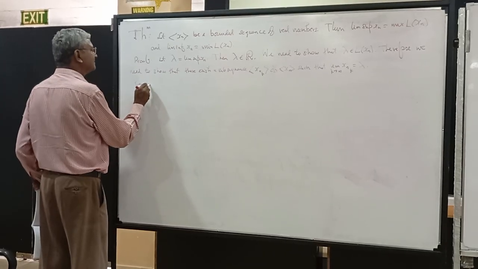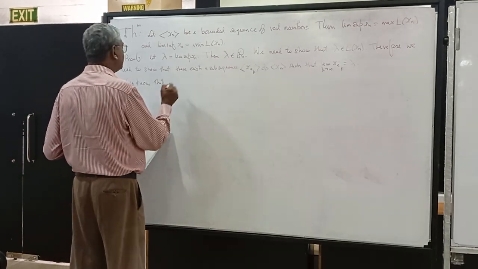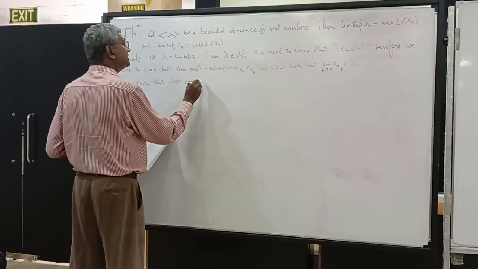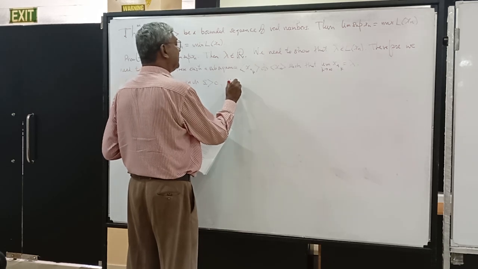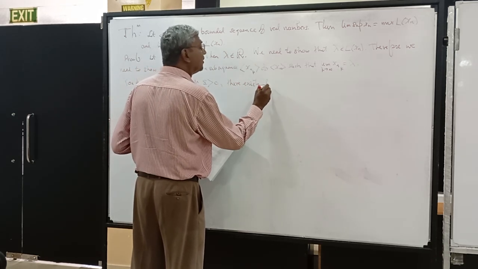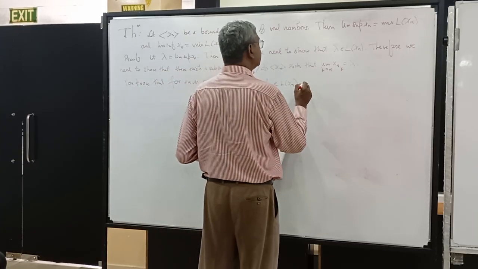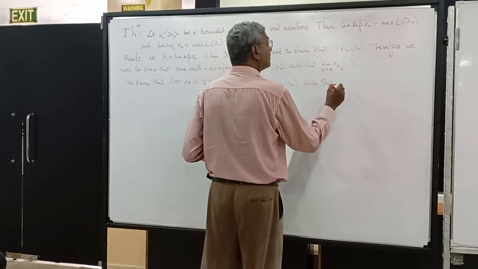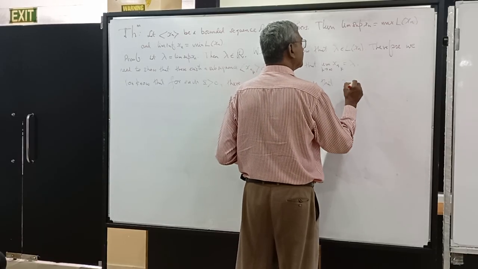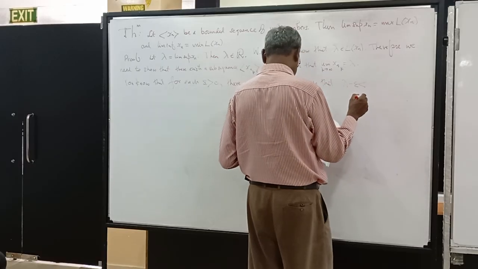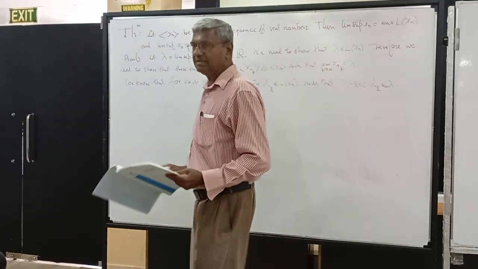You know that for each epsilon greater than 0, there exists L epsilon belongs to LXn such that lambda minus epsilon is strictly less than L epsilon, less than or equal to lambda. This is by the meaning of supremum.